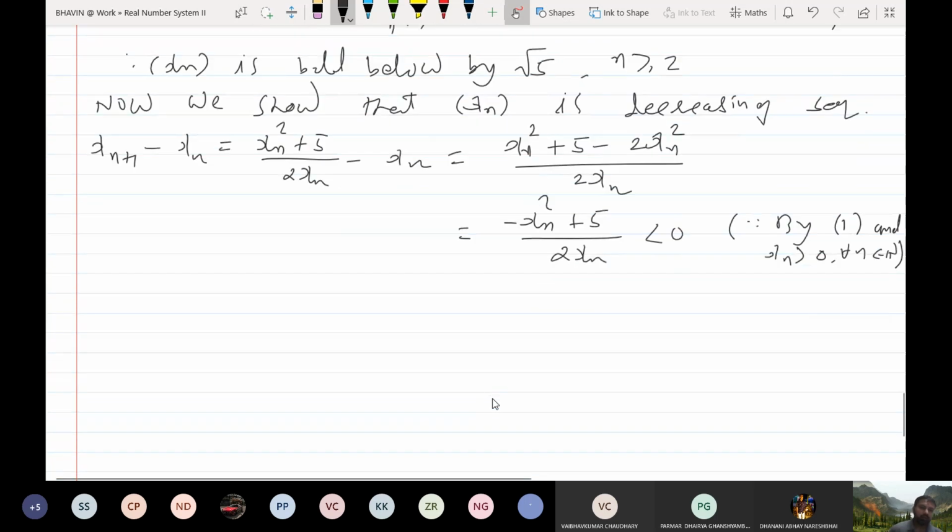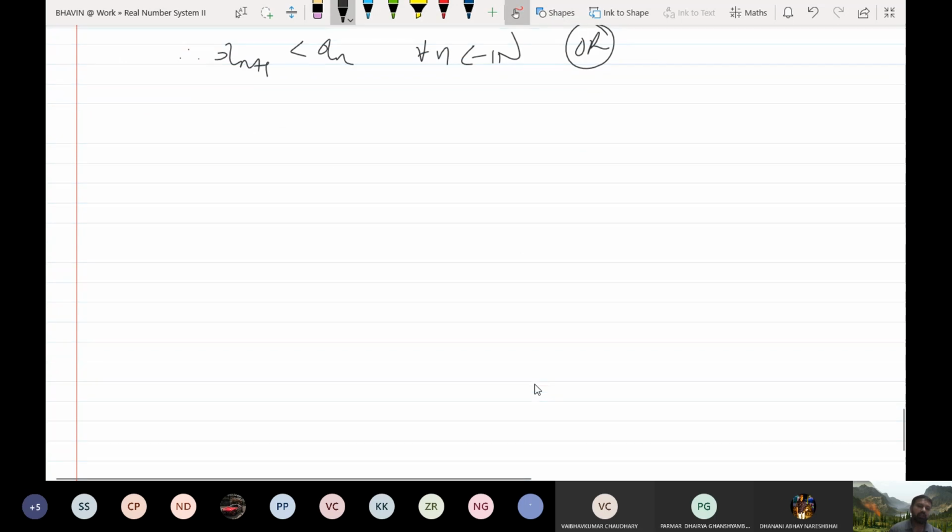So I have proved that this difference is less than 0. Therefore xn plus 1 is strictly less than xn, or you can say that xn is decreasing.